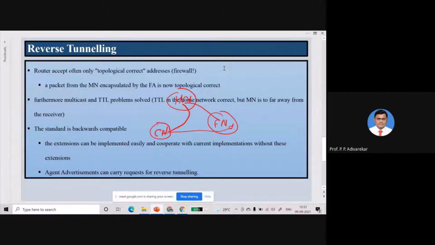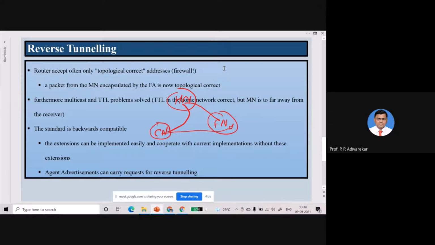So the firewall will not block this COA, because the COA is a part of the new subnet that belongs to the foreign network. The destination address was never an issue for the firewall, so this problem is solved as of now.